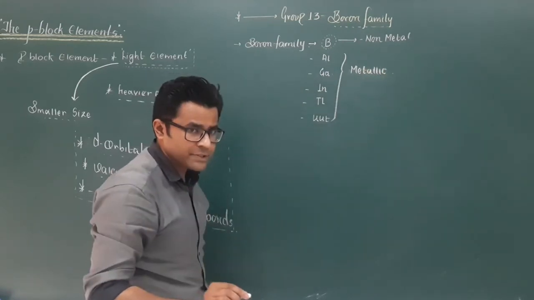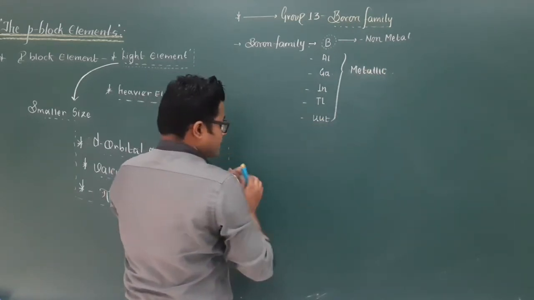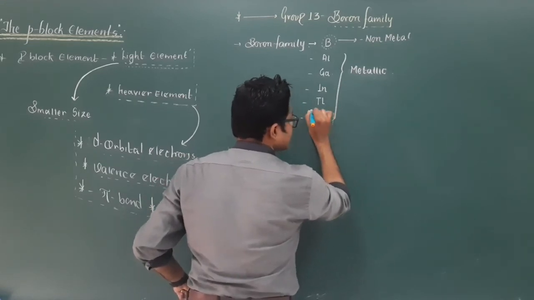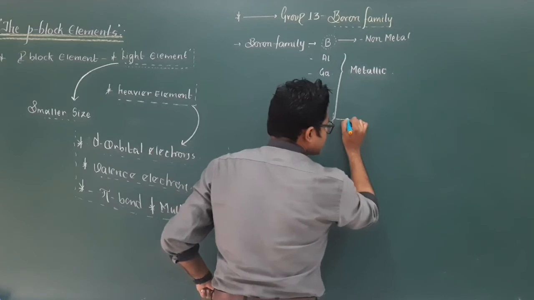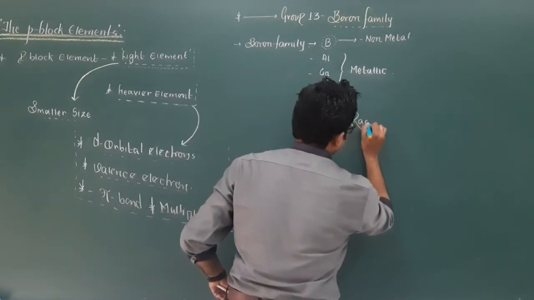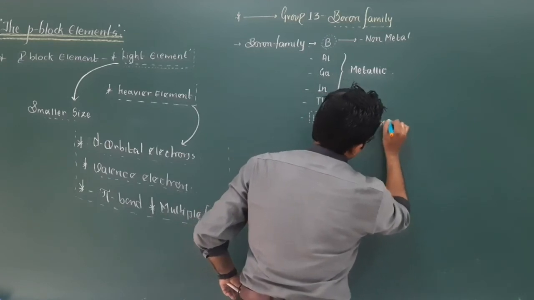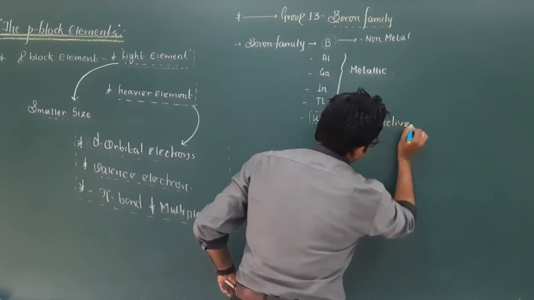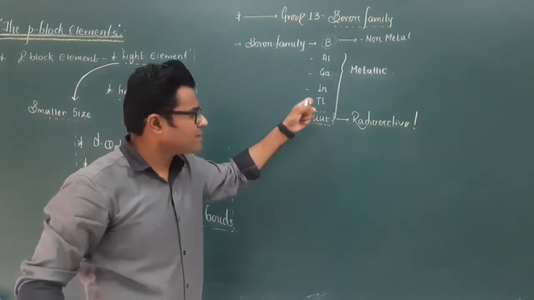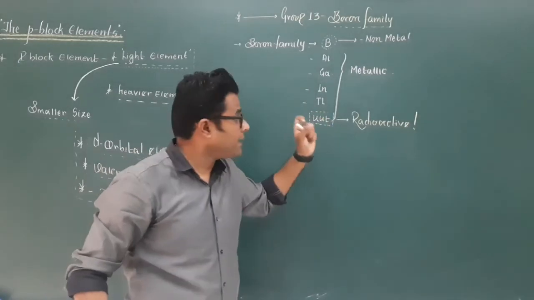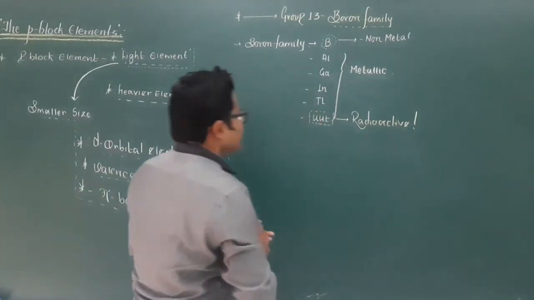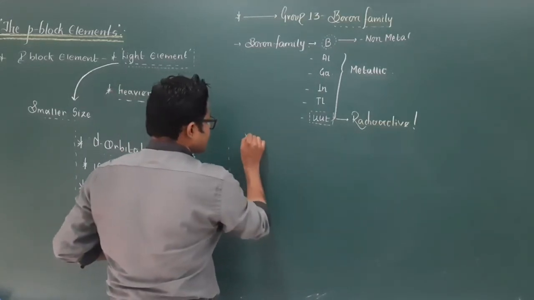One more thing about ununtrium is that it is not just metallic, it is also radioactive. It is a recently discovered element, and it is radioactive in nature. Let's observe the next concept.